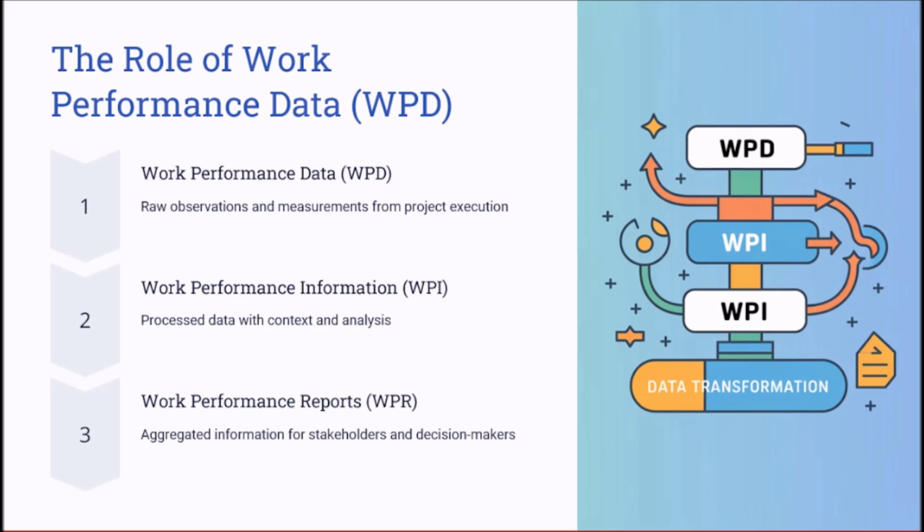An example here in an IT software development project: the WPD might include the number of completed user stories, number of bugs, and sprint velocity. This data is analyzed to determine if the project progresses according to the plan.